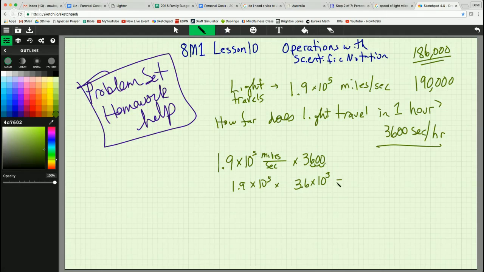So let's do our power of 10 first, which is going to be 8, 5 plus 3. And then we have to multiply 1.9 times 3.6, and that equals 6.84.